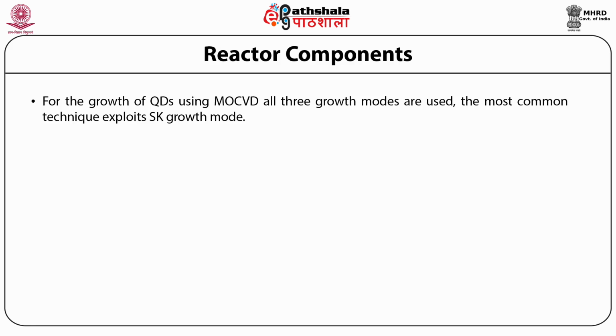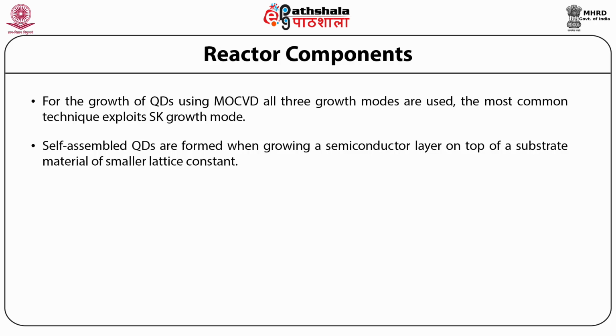For the growth of quantum dots using MOCVD, all three growth modes are used. The most common technique exploits the SK growth mode. Self-assembled quantum dots are formed when growing a semiconductor layer on top of a substrate material of smaller lattice constant.